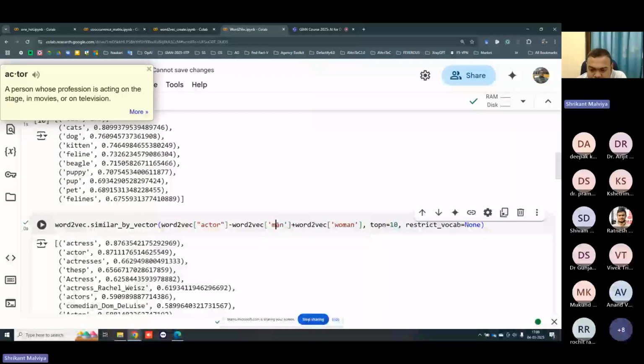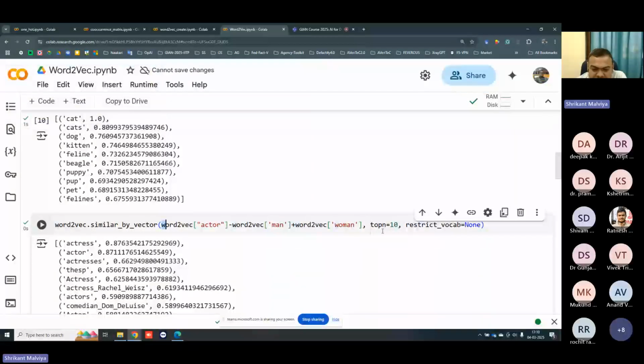Whatever vector you get, just find out the top 10 vectors similar to that. You will observe that actress is the first very close word, written as a noun. So with this analogy, actress is the closest one.